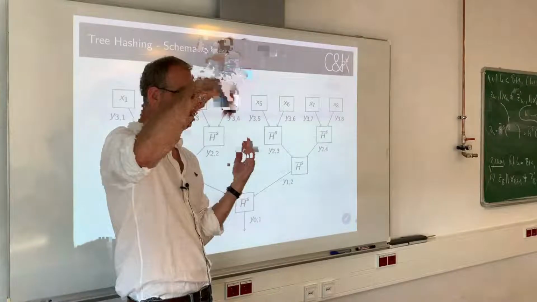How you compute a hash function. Basically, you do the same thing as before. So you have these blocks. You have included something. You have padded with zeros. And again, you can do both versions here.